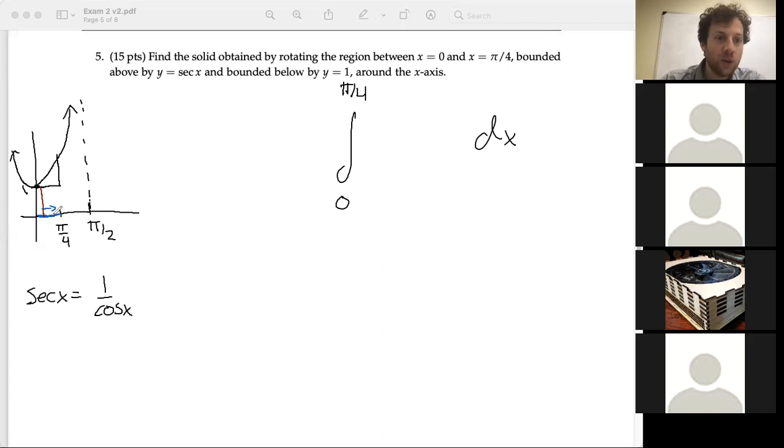And then also we need this going from 0 up to the graph of secant, the outer edge of our solid. So what we need are what is this inner distance and what is this outer distance?